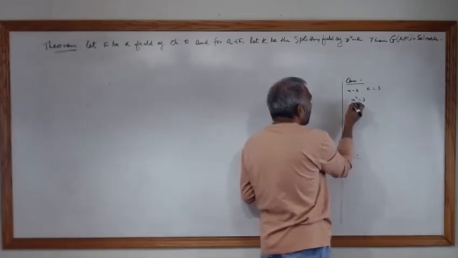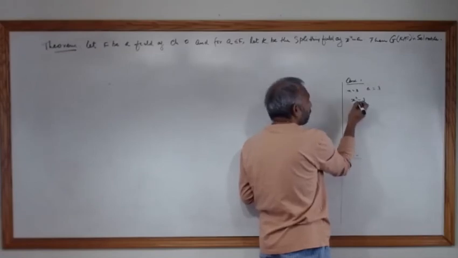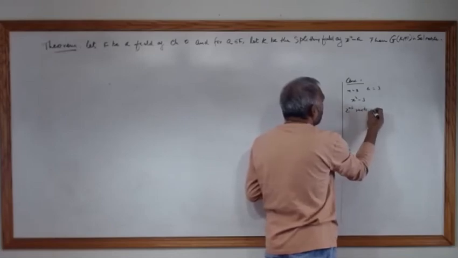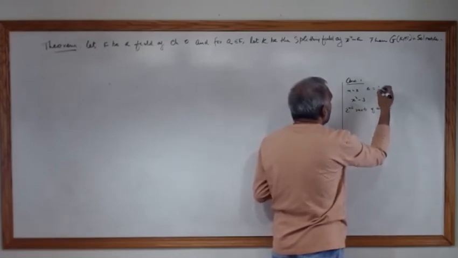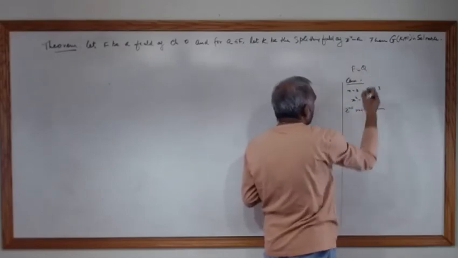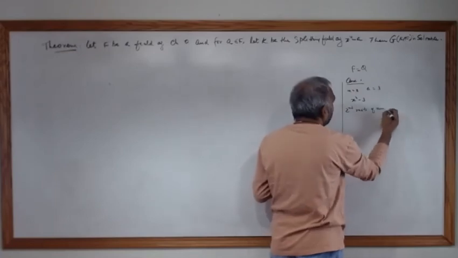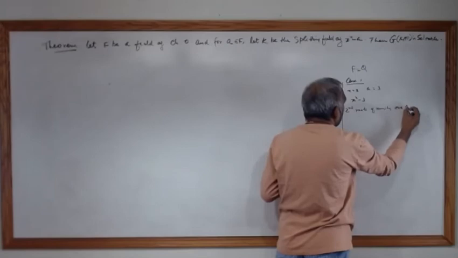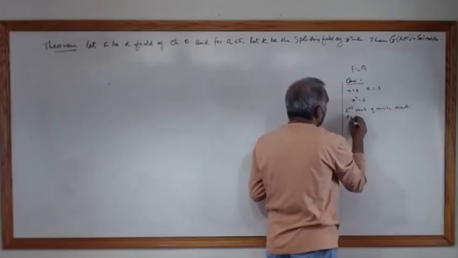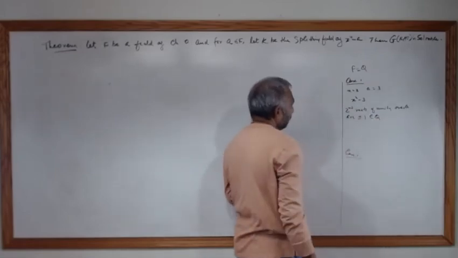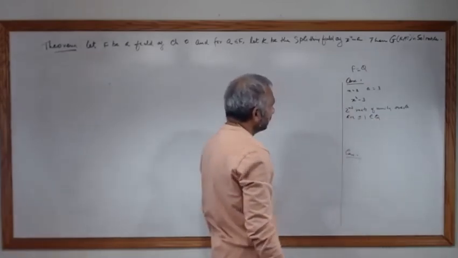The second roots of unity, I'm actually going to assume that F is equal to Q. Second roots of unity over Q are plus or minus 1 and both belong to Q. This is the first case.